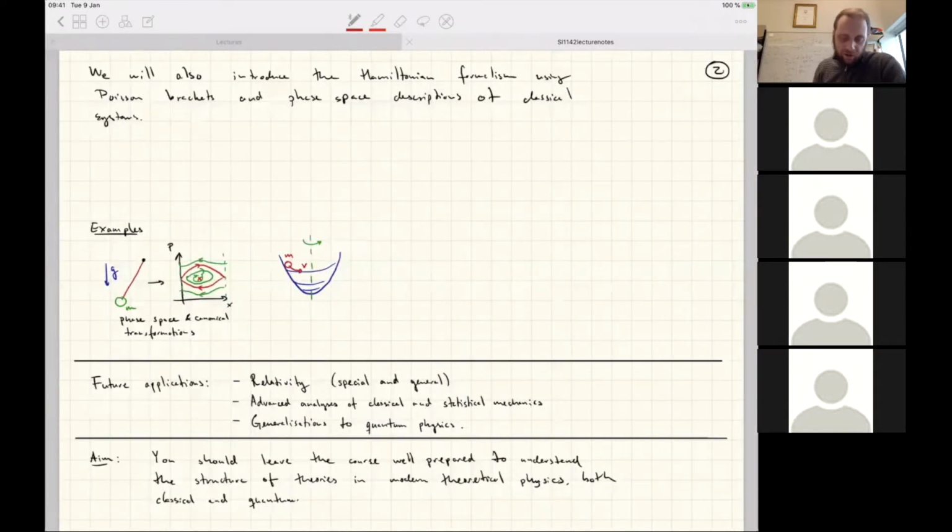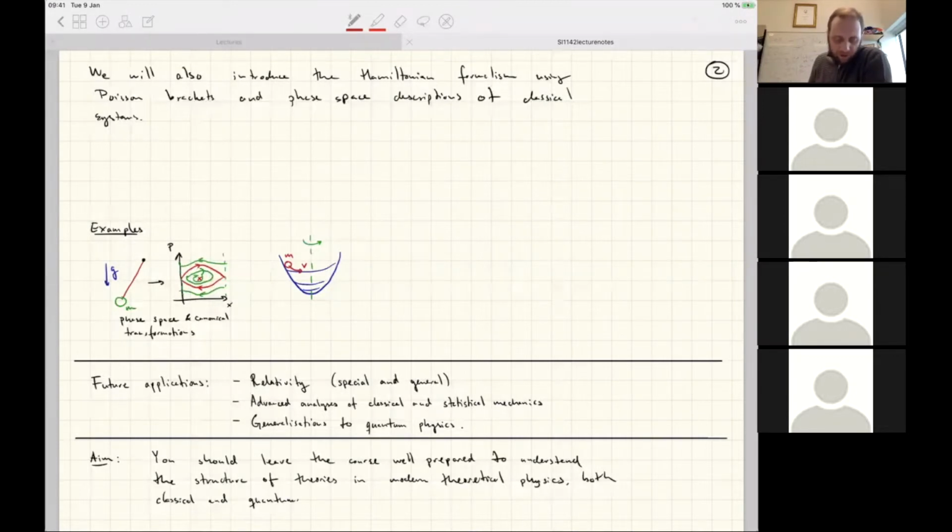And we are going to go also a bit deeper into the so-called Hamiltonian formalism of classical mechanics, where we will be using what is called phase space instead of configuration space.